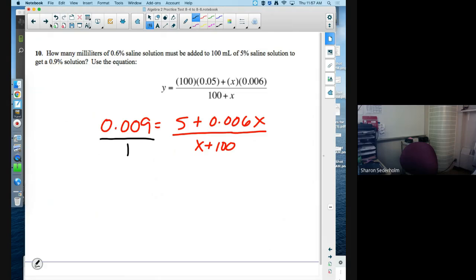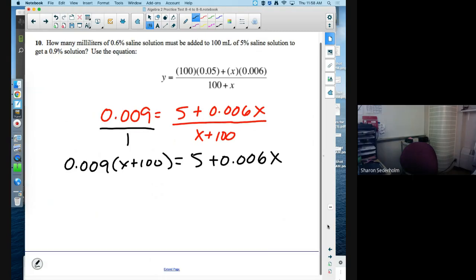I mean, when you have a fraction equal to a fraction, you cross multiply, right? Ben. Come on, you're already doing it. What are you doing? Distributing. All right, let's do that.